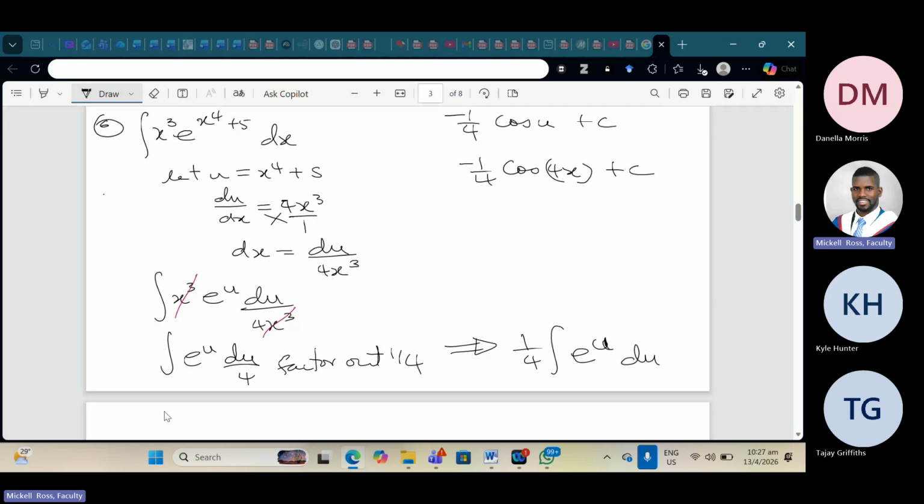Integrate e to the u, we're just going to get a quarter e to the u plus c, which we know is just going to be a quarter e to the x to the fourth plus 5, plus c. Look at it, let me know if there is any part of it I need to clarify before we have to continue.